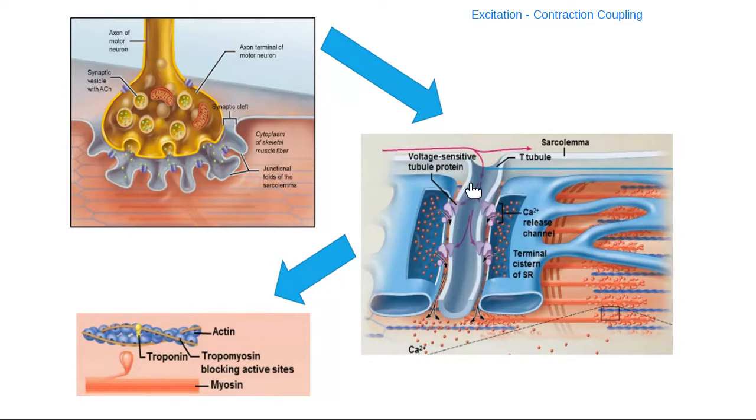Well, when this part of my membrane gets positive, notice that I have a voltage-sensitive tubule protein. We talked about this way back at the beginning of our time today. This is a protein that lives inside the T-tubule. When the membrane charge gets positive, this changes its shape and presses on my mechanically gated calcium channels.